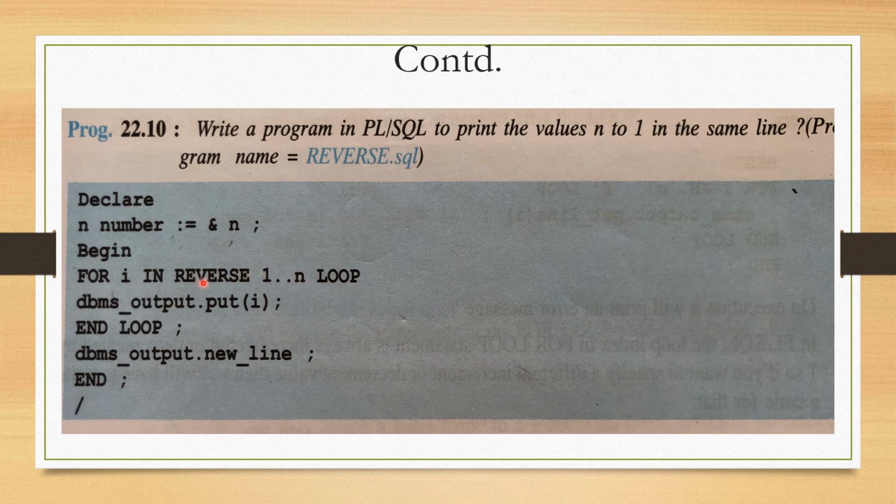Otherwise, if we don't write reverse, it will be executed from 1 to n, right? And then we will use the loop keyword, and we are displaying the value of i. The first value of i will be n obviously, and that will be decrementing because we are using the reverse keyword. Now we are ending the loop, and we are ending this program.